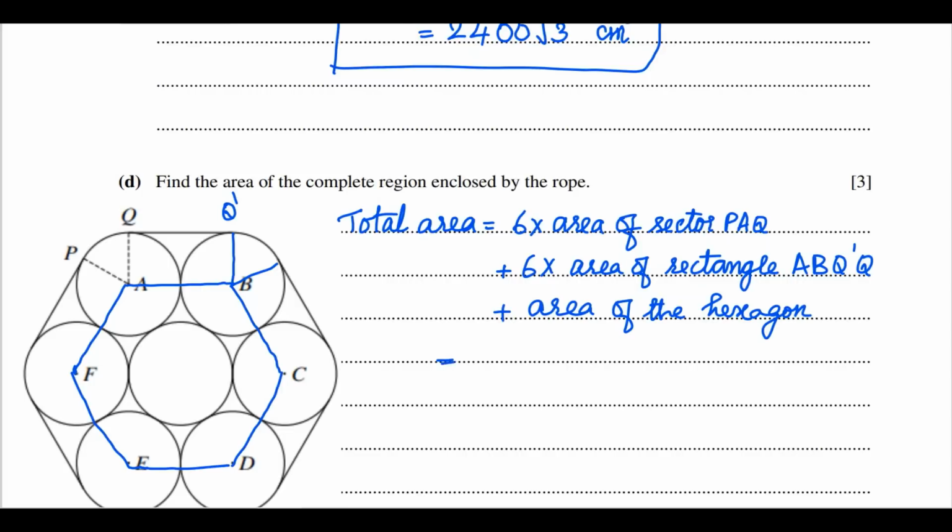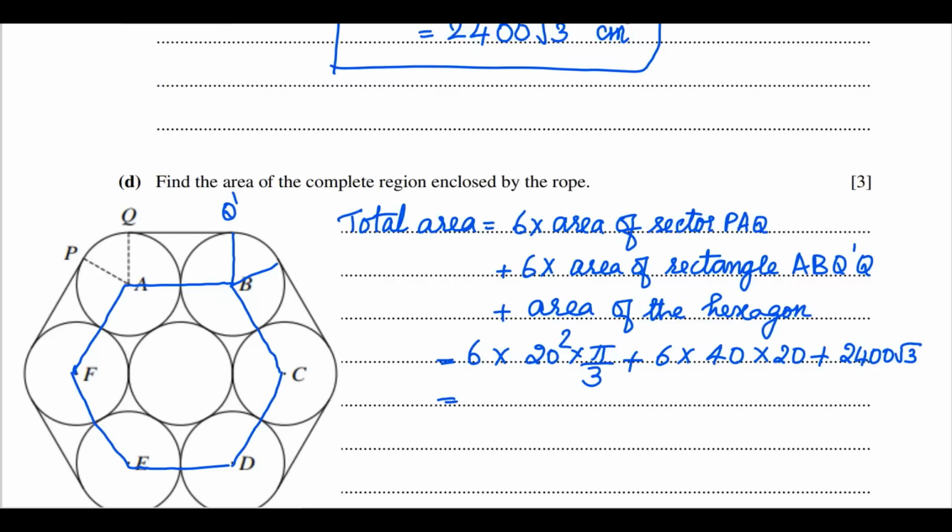So 6 multiplied by the area of the sector, 20 square multiplied by pi over 3, that's the angle, plus 6 times the area of the rectangle, the distance AB is 40 and QA is 20, plus area of the hexagon is 2400 multiplied by square root of 3.